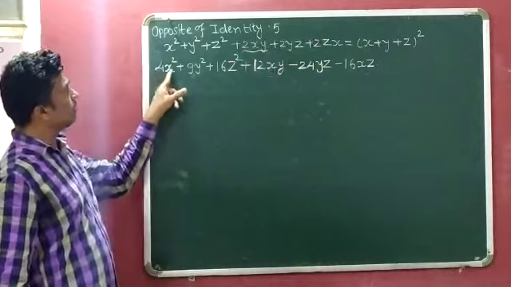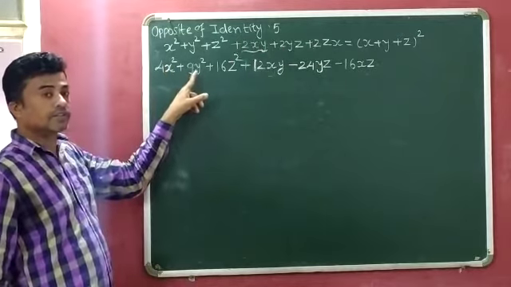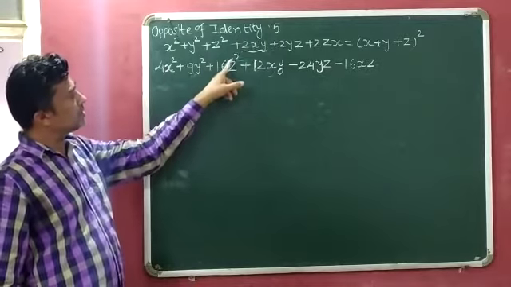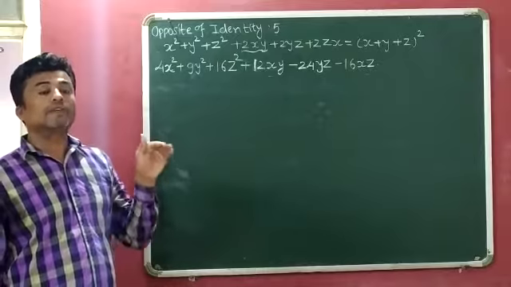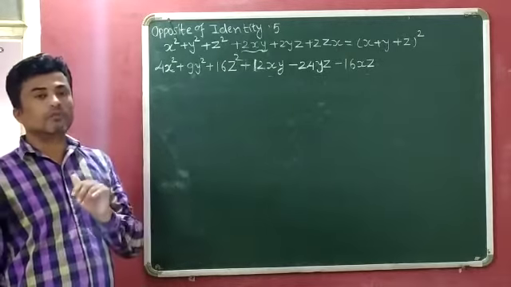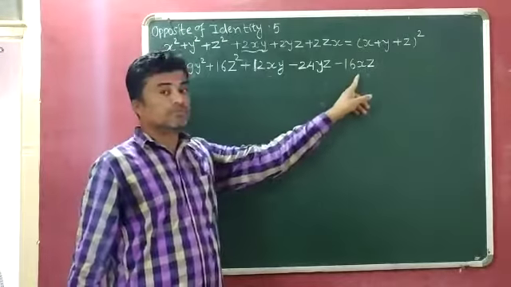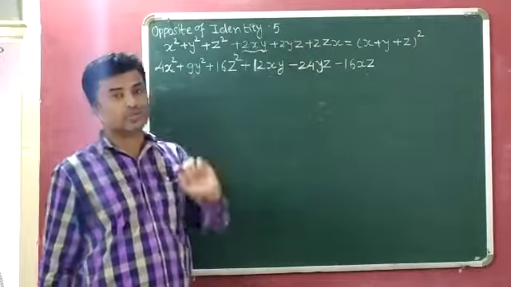So see children, here 4x square is the first term of the question, 9y square is the second term and 16z square is the third term. Now we will identify the square roots of these terms, and the other terms we can arrange according to 2xy, 2yz and 2zx.